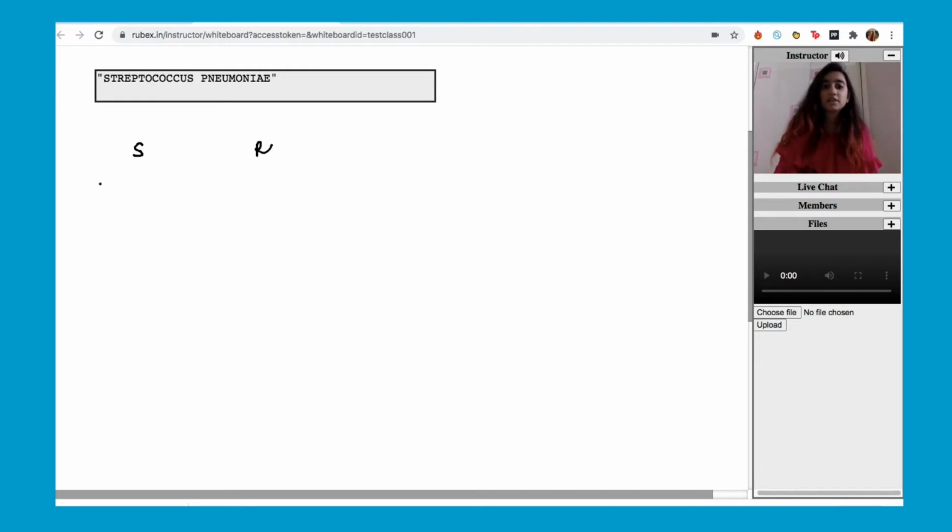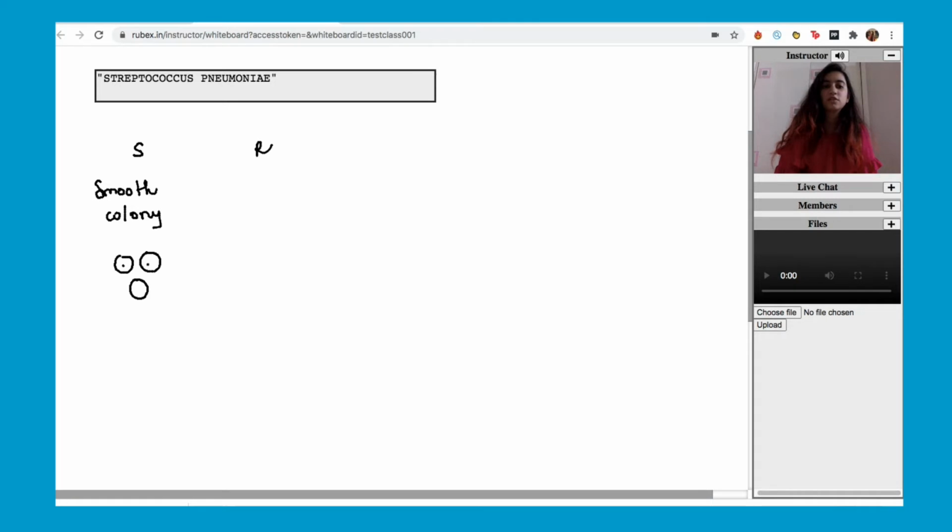Coming to the details. The S strain, as the name suggests, is smooth. This is the smooth colony forming bacteria. Their colonies are very smooth walled. The walls of these bacteria are highly smooth, and as a result the colony of the bacteria is also extremely smooth.